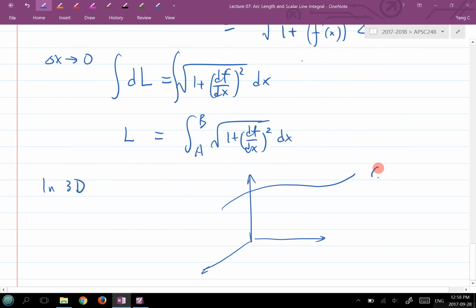Let's say we have a curve C in 3D. Here is the A location, and here is the B location.